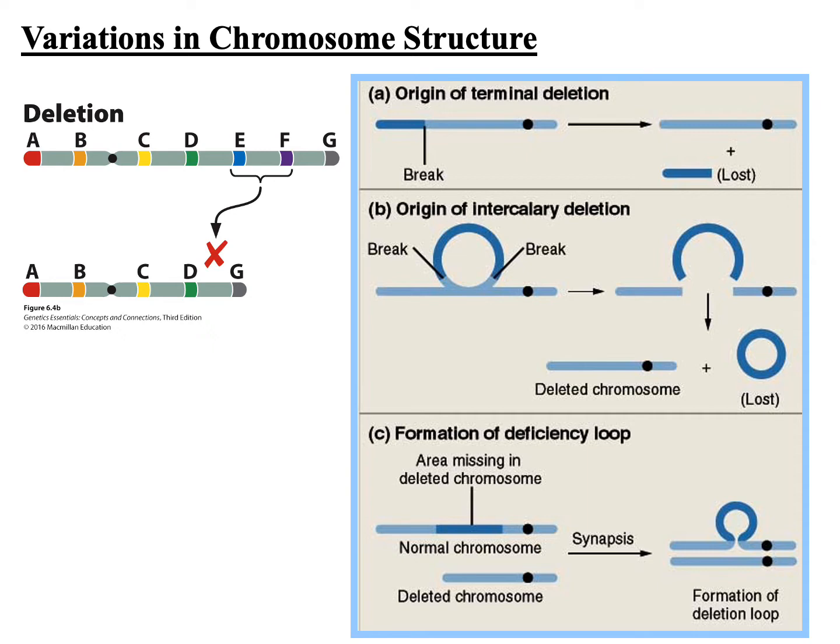How do these types of deletions take place? Well, the easiest example is what's known as a terminal deletion, which just means that the end of a chromosome has been broken off and has been lost.